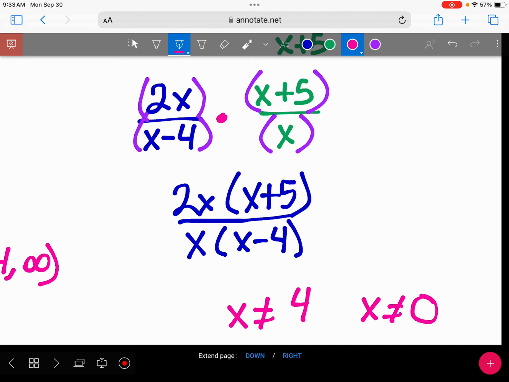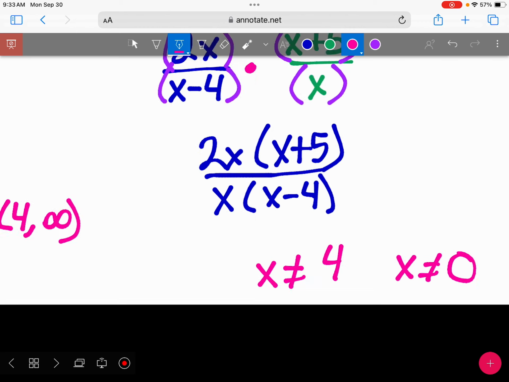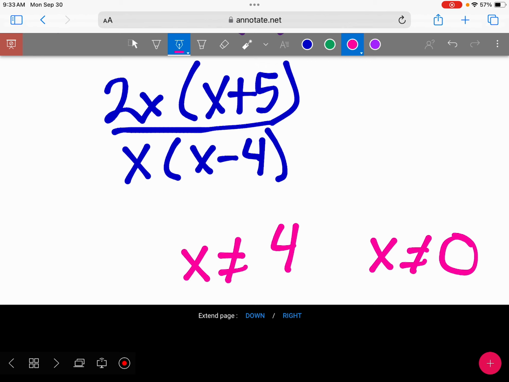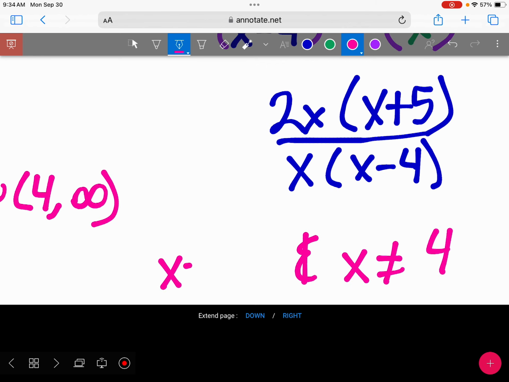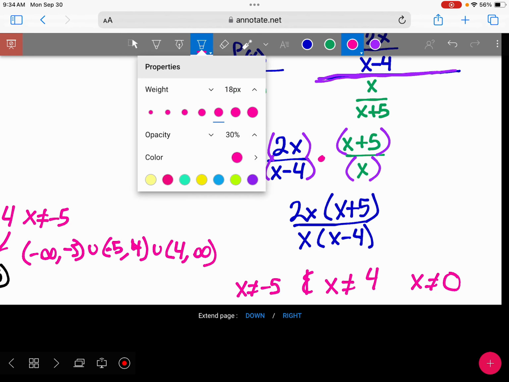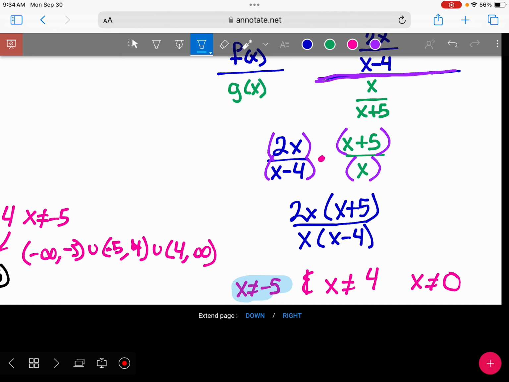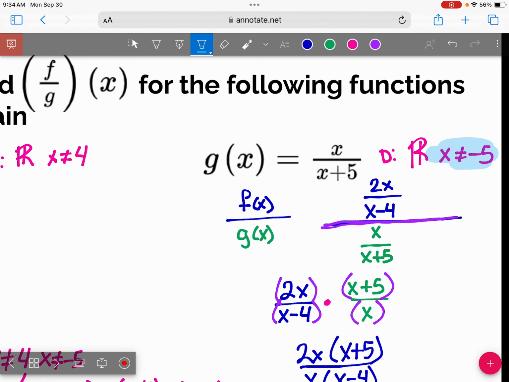So if there are pieces that are not in where it came from, they're not from its homeland, we have to include it. So x cannot equal -5. That is coming from, I'm just going to highlight it, this piece is coming from the fact that g cannot equal -5. So it has to be included in there.